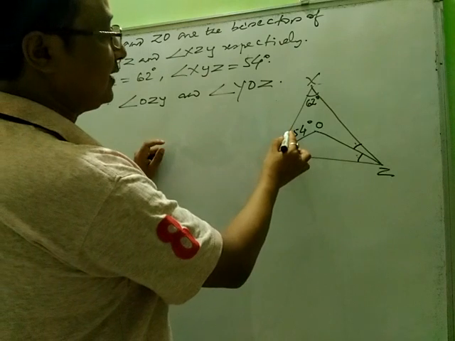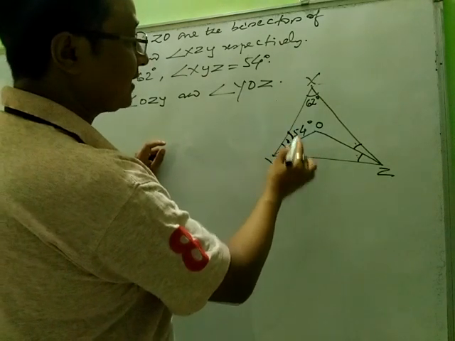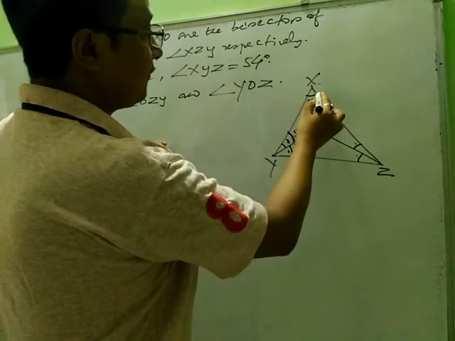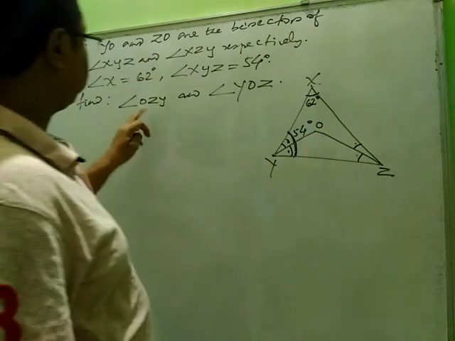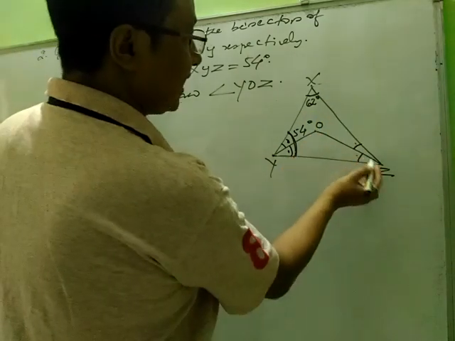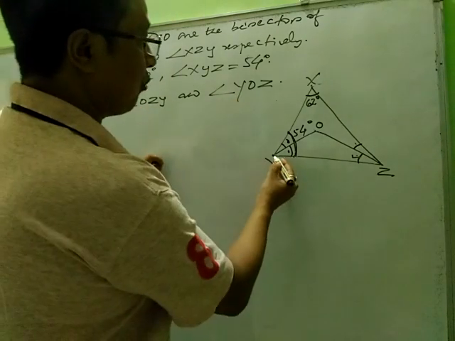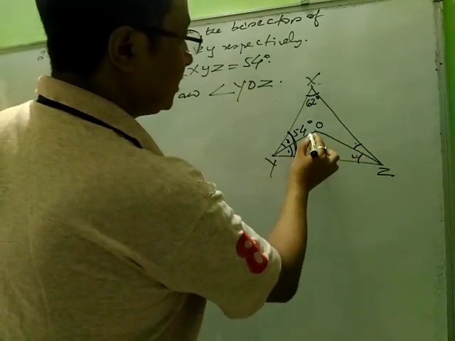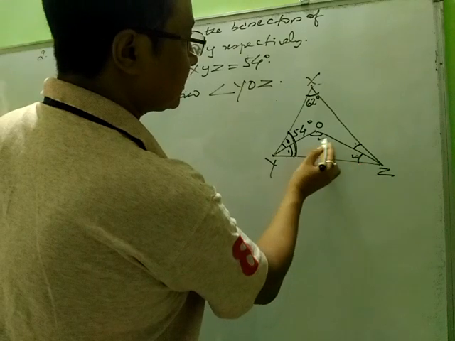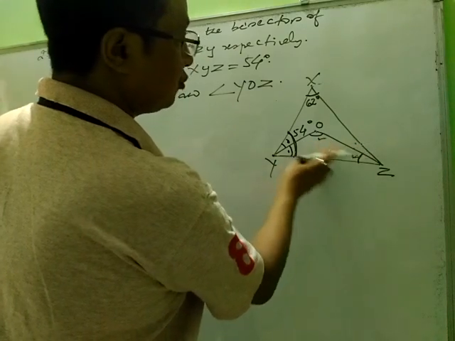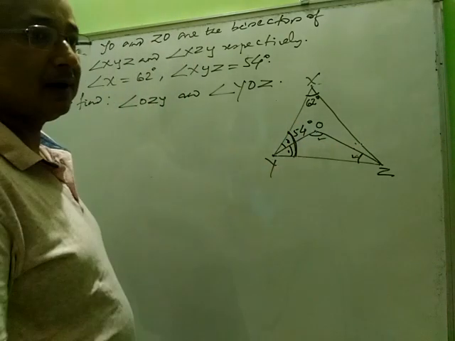Now, they have given the measure of Y as 54 and the measure of X as 62. You are to find OZY, that means this angle, and YOZ, this angle. So you will find these two angles.